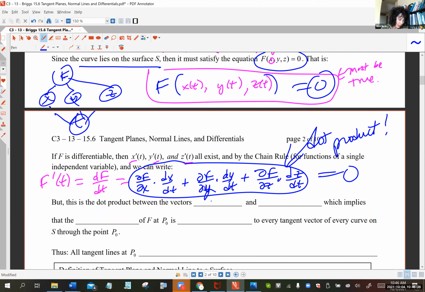Well, it's a dot product of del big F, the gradient of big F, and r prime of t, the vector valued function's tangent vector. So that implies that the gradient of big F at this point P naught is orthogonal to every tangent vector of every curve on S going through the point P naught. That's got to be true.